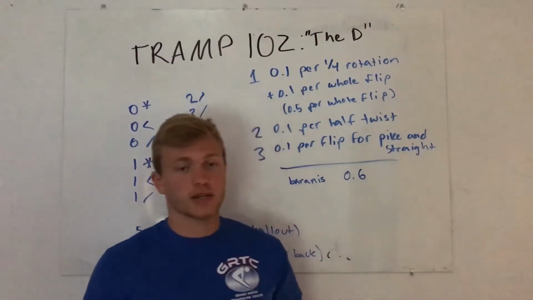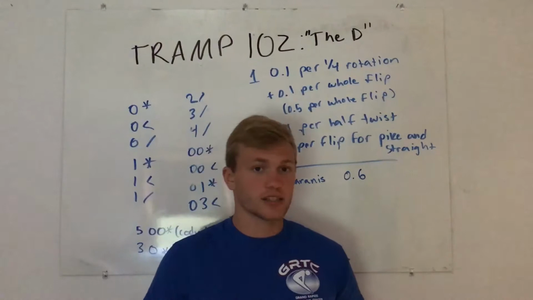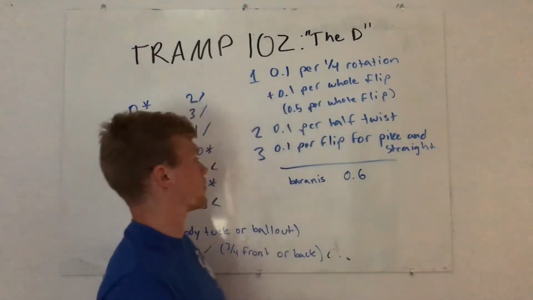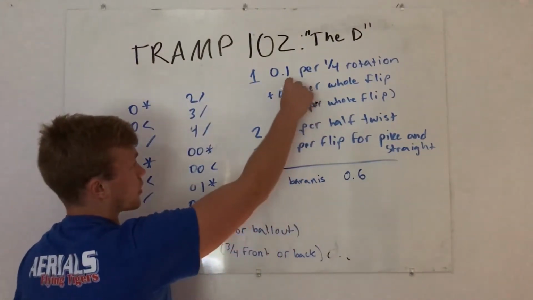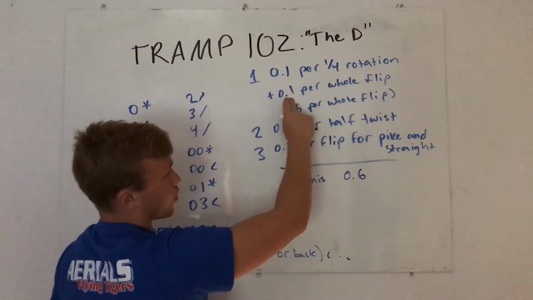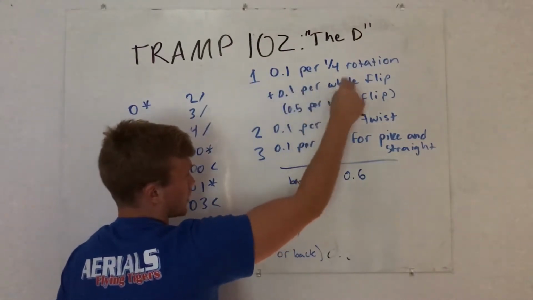So I want to preface this by saying this algorithm only applies to trampoline. It does not apply to double mini. That's going to be a different but similar algorithm that you'll see in a later video. So the algorithm goes like this. You're going to get 0.1 or 1/10 for every quarter rotation. You're going to get an extra bonus tenth for a whole flip, or for every flip that's completed entirely.